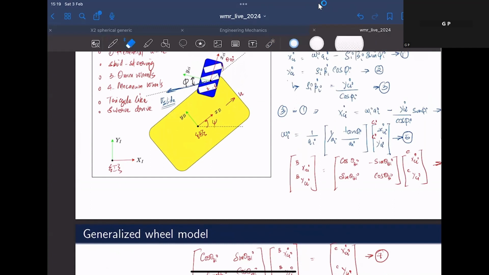The instantaneous linear velocity would be v, and about the zb axis, the instantaneous rotation would be an angular velocity r. If the mobile robot's base has velocities u, v, and r, then what will be the velocity of this point xci?